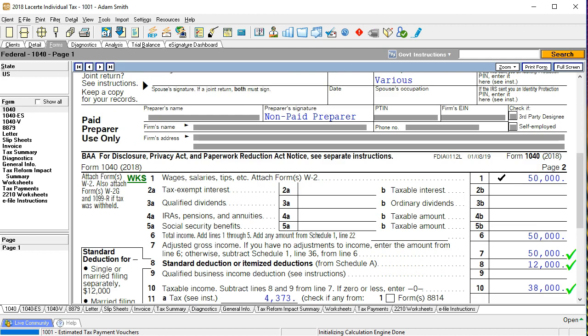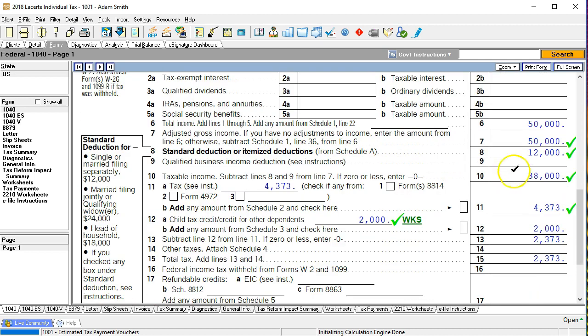We're saying this is a flat $50,000 W-2 income for the single individual. And therefore we have the standard deduction, and therefore the taxable income is $38,000, and the tax then calculated by the software is $4,373, and that gives us the tax of $2,000.